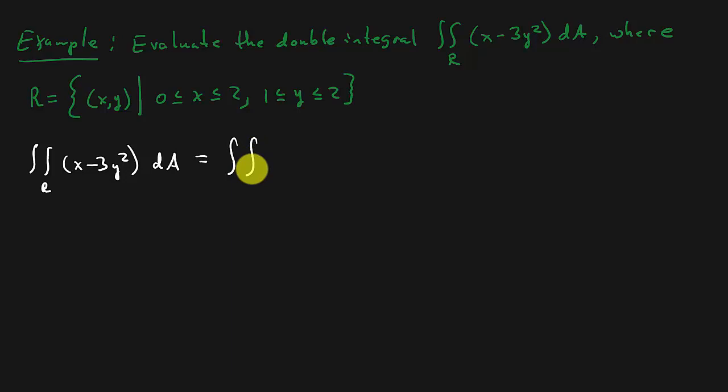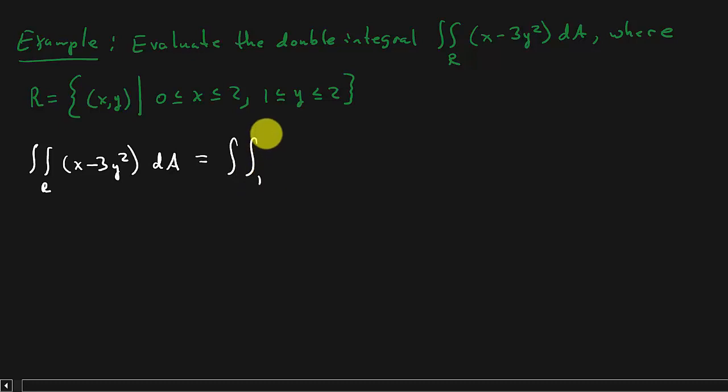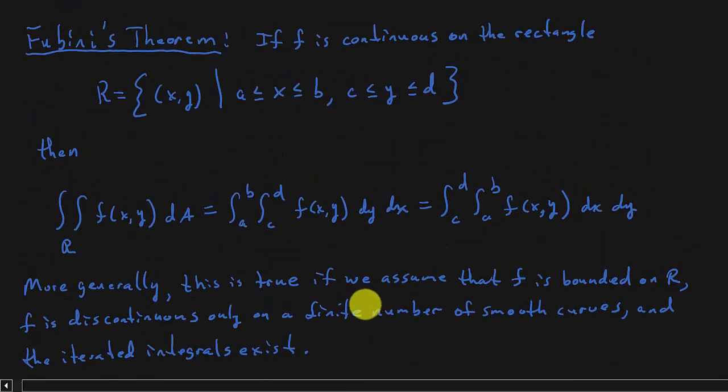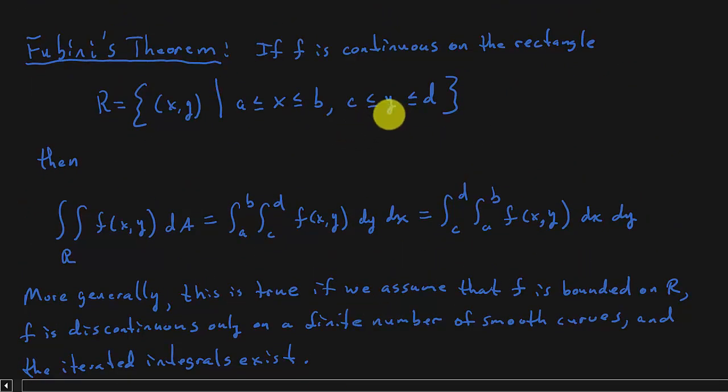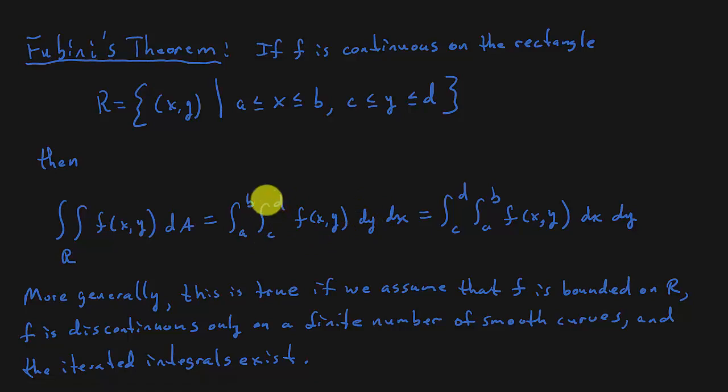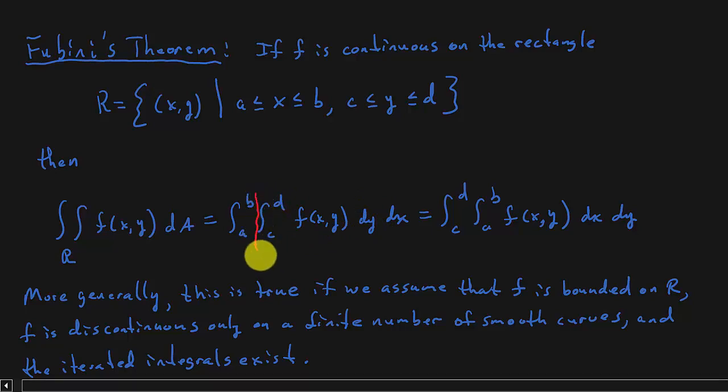All right. So that means what? Well, that means the limits on my y need to be on the inside, and the ones on x need to be on the outside. See, look at this. See how the y is between c and d? So whichever one you're integrating with respect to first, those limits need to be that variable's limits. If I'm doing dy, those limits need to be the y limits, c d.